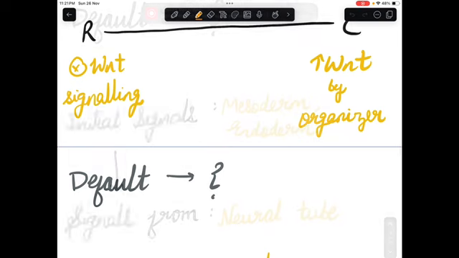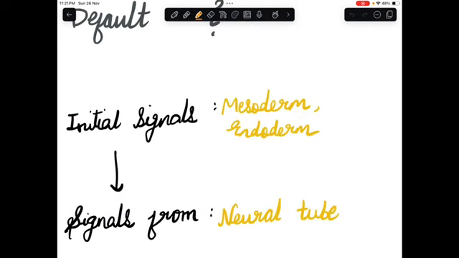and hindbrain. We get the initial signals from mesoderm and endoderm, but for the patterning of cells within the neural tube, like into forebrain, midbrain, and hindbrain, we have organizing centers within the neural tube, one of them being the isthmic organizer, which forms the boundary between midbrain and hindbrain.